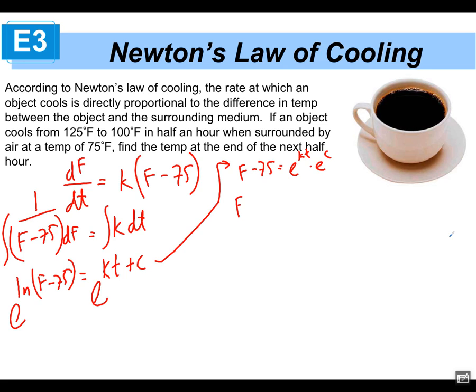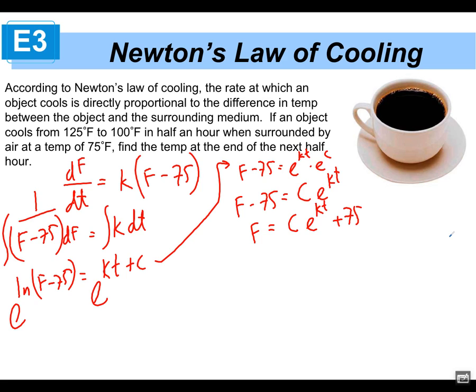And so we get F minus 75 is equal to C times e to the kt, which means F is equal to C times e to the kt plus 75. After all that rigmarole, all it did was stick a plus 75 at the end of that equation.